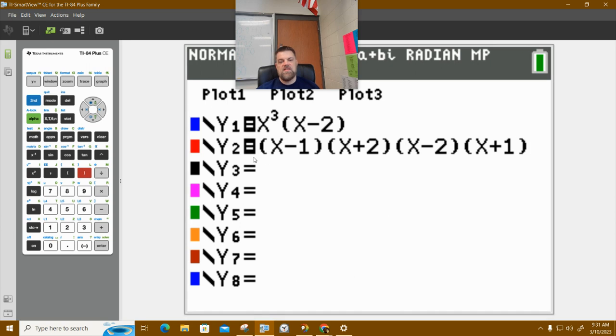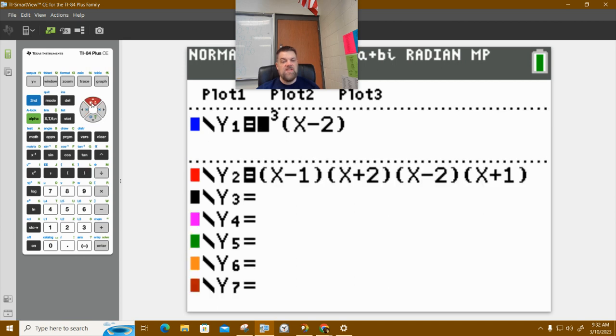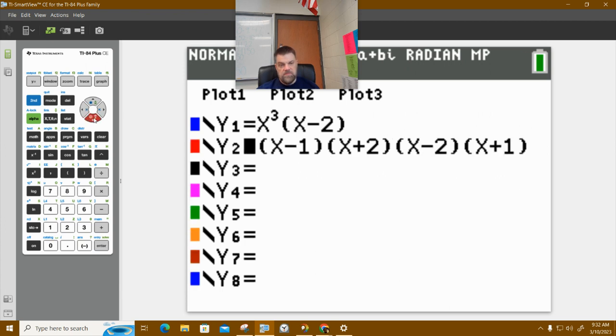Now, this is a 4th degree polynomial because I'm going to have x times x times x times x. In other words, I'll have x to the 4th power. This is the highest power. I'm going to graph that, and what that does is it changes. Now, at most, I'll have 3 turning points. I don't know if I will, though, because I did squares.